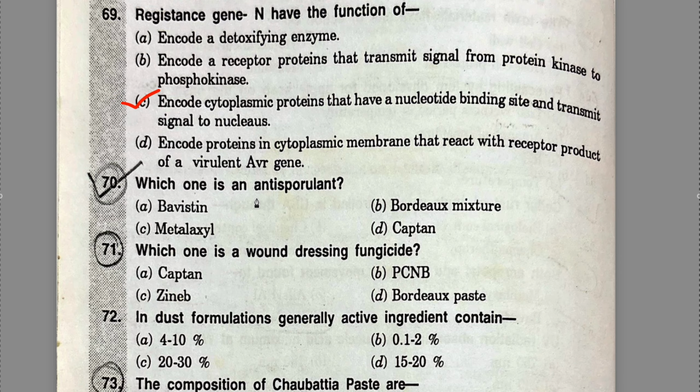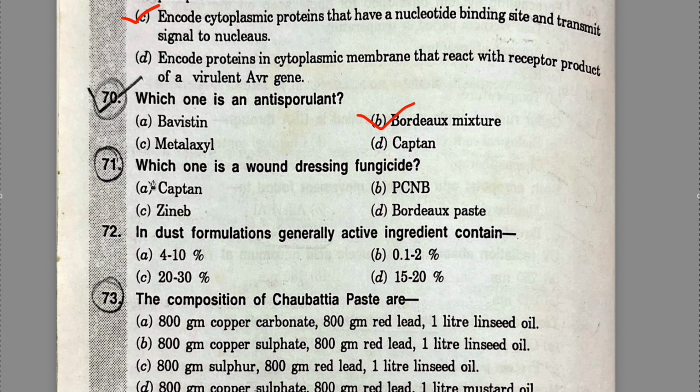Question 70. Which one is an antisporulent? Bavestin, Bordeaux mixture, metalaxyl, or Captan? The answer is option B. Yes, it's Bordeaux mixture. 71. Which one is a wound dressing fungicide? Captan, PCNB, Zineb, or Bordeaux paste?